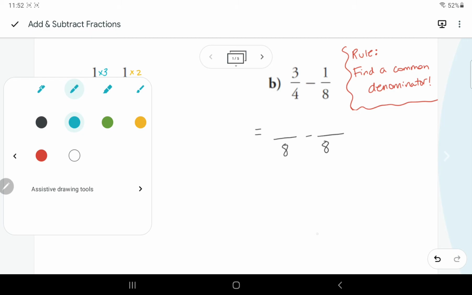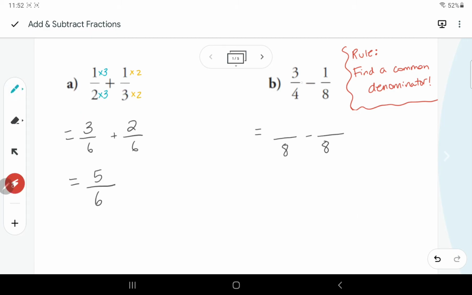And then I'm going to look and say, hey, what did I do to that 4 on the bottom of the 3/4 to make it an 8? And I multiplied it by 2. So I have to do the same to the top. 3 times 2 makes my new numerator a 6. So 3/4 is the same as 6 over 8.